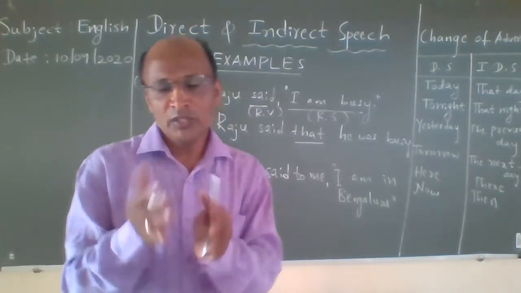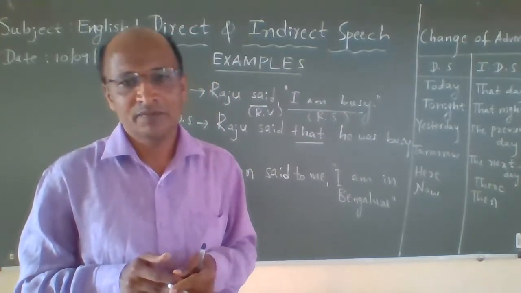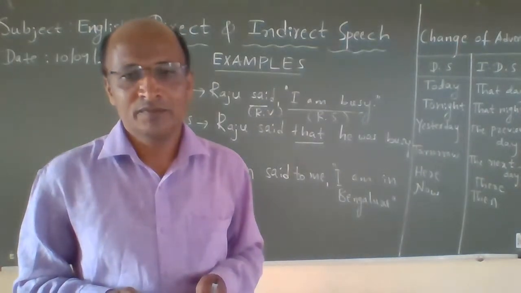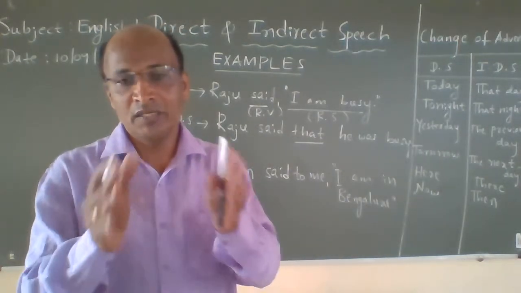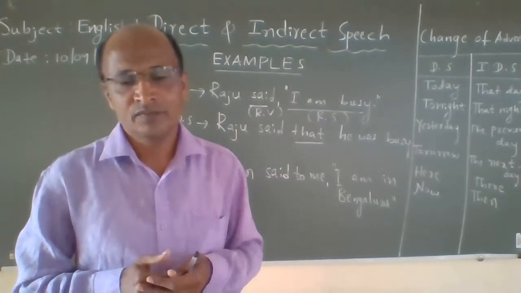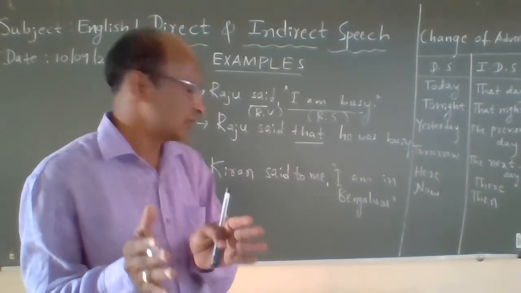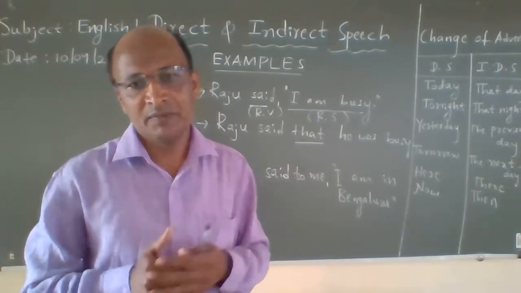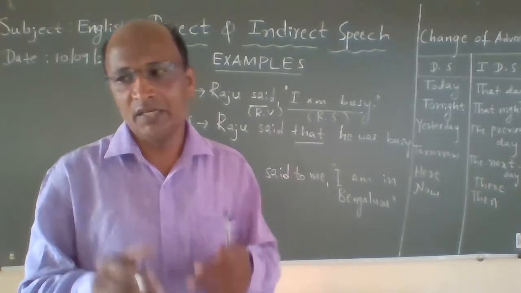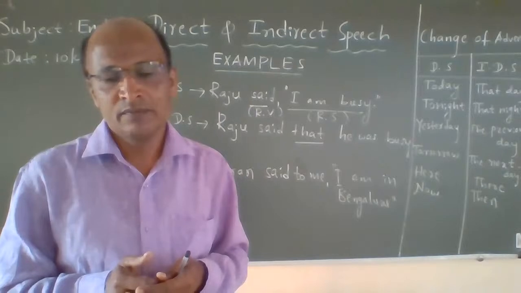Is said in present tense or past tense? Now think of it, you decide. In which tense is the reporting verb said? The answer is that the reporting verb is in past tense.